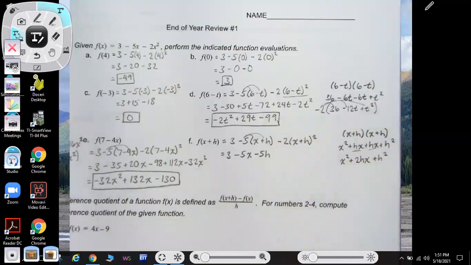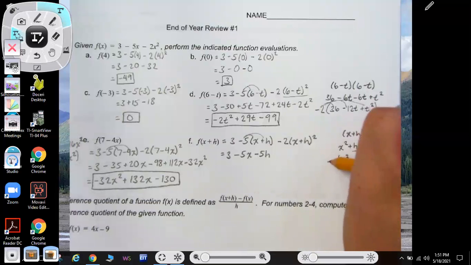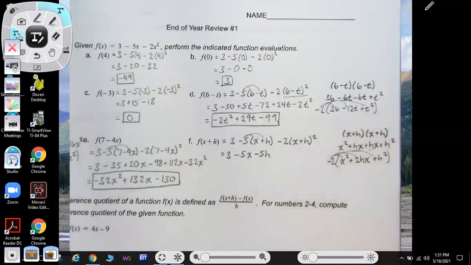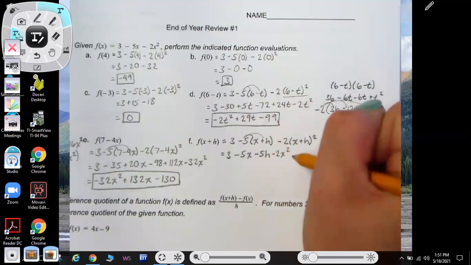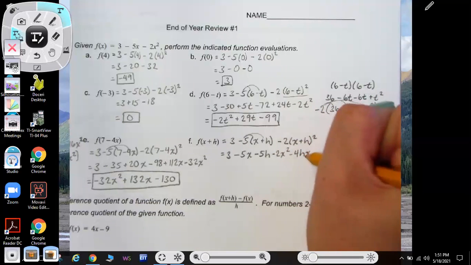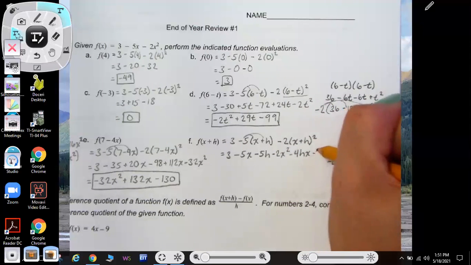All right, so this is what we are distributing -2 to. So we get -2x squared minus 4hx minus 2h squared.